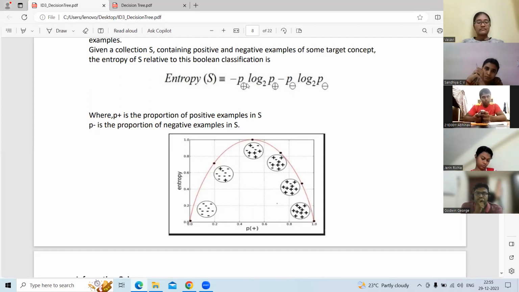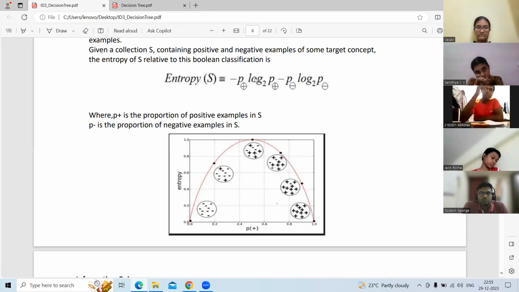So here it is positive and negative because there are only two outcomes. You call one positive, the other one negative. But if there are multiple classes into which we split, then of course you have multiple such expressions. Correct. Okay. Thank you.